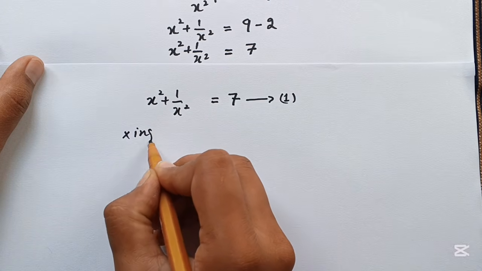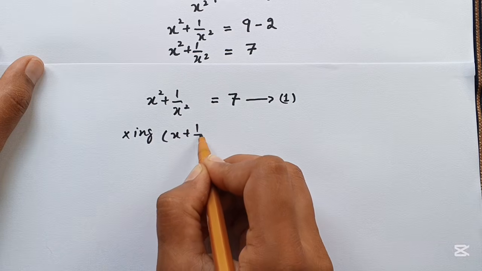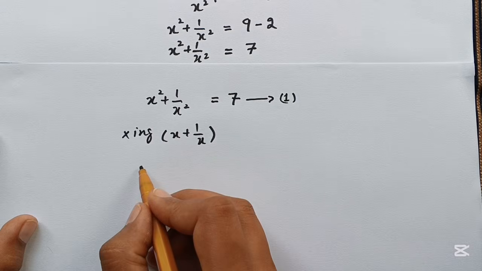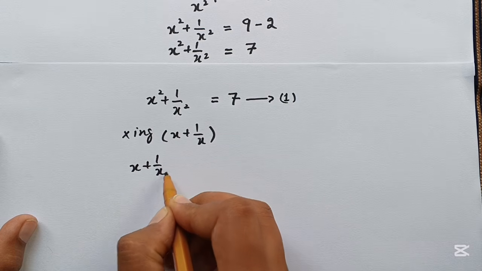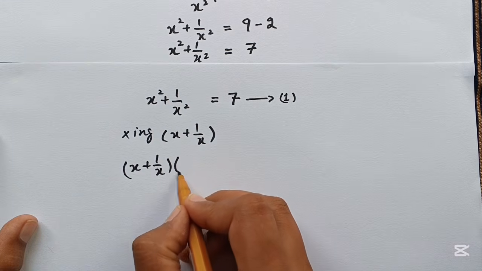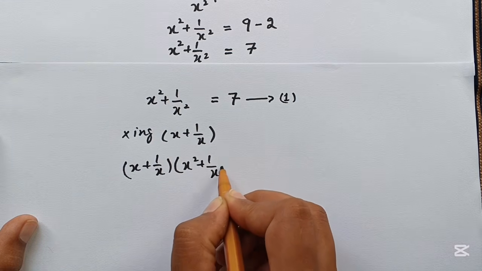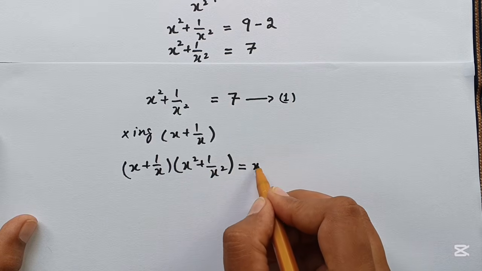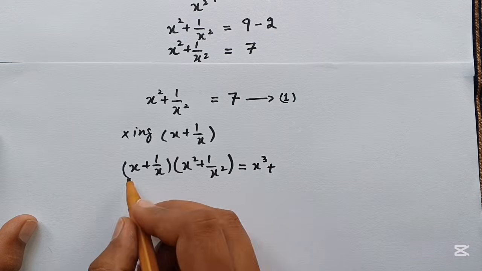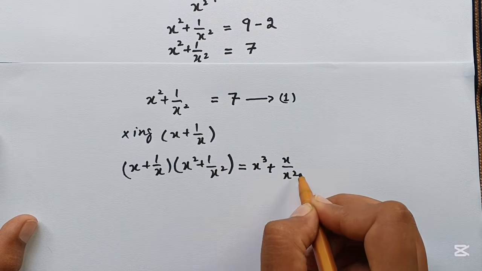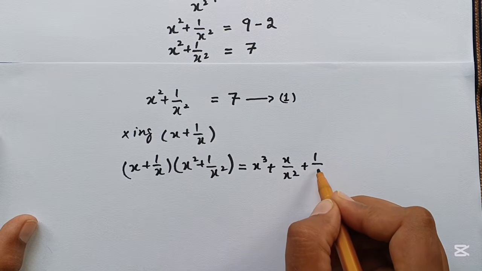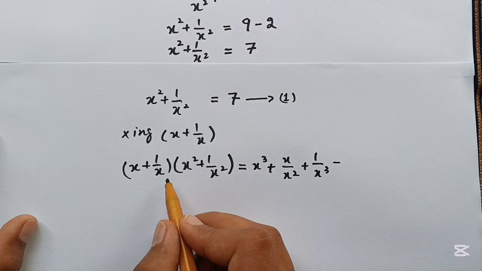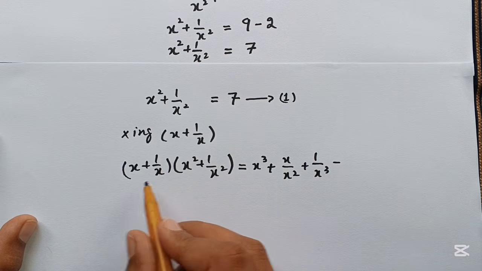Now multiplying x plus 1 over x into x square plus 1 over x square. x plus 1 over x into x square plus 1 over x square equals x into x square is x cube, plus x times 1 over x square is x over x square, and 1 over x times x square is x square over x, and 1 over x into 1 over x square is 1 over x cube.